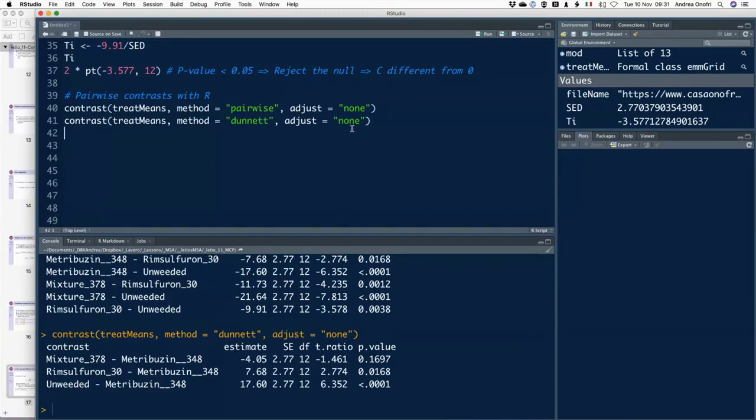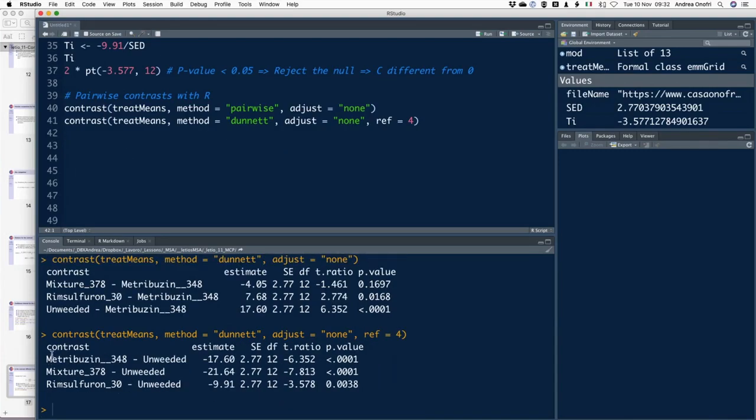In this case, I'm comparing by default all treatments against the first in alphabetical order. That means nothing to us. So we change the reference and we compare all treatments against the unweeded, for example. That is the last one. So we write ref equal 4 because it's the fourth mean. And here we go. Now we compare all against the unweeded.